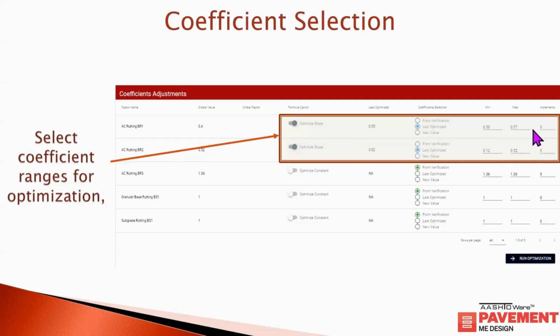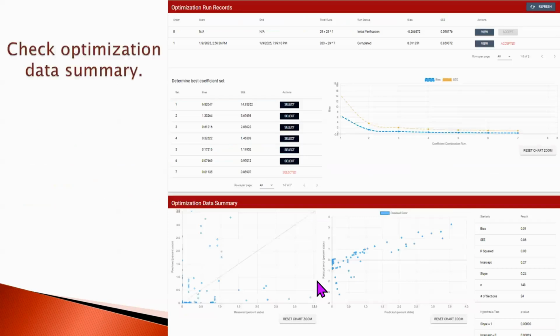So it'd be like increments plus 1 in the case of pavement ME design. But for the CAT, the increment includes the starting and the ending point. And then run, and then wait. Possibly a long time. We'll get into that a little bit in a few slides.